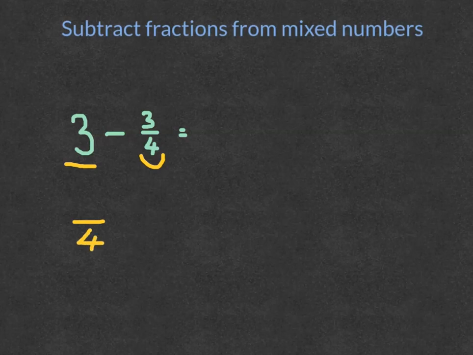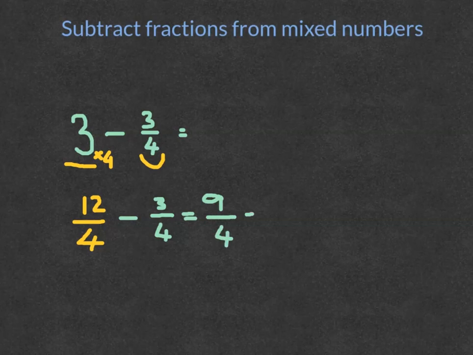If I multiply 4, the number of parts, by 3, I'll end up with 12 parts of 4. 12 parts of 4, take away 3 parts of 4, and I'll have 9 parts of 4 left. And then it's just a matter of changing that into a mixed number.